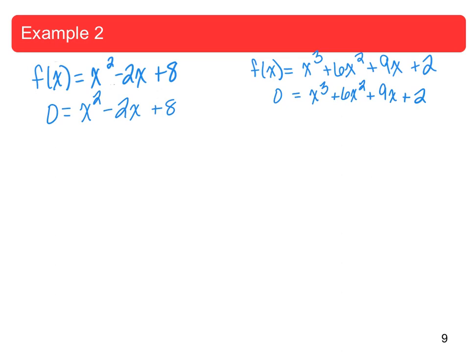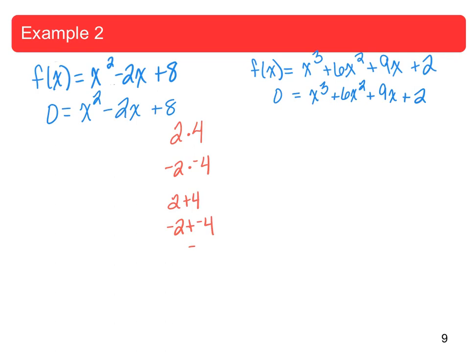Students want to be able to say that the product is 8, and so I should be able to use 2 times 4, okay? And 2 times 4 does give you positive 8, as does negative 2 and negative 4, if I multiply those together. The problem is, when I add 2 and 4 together, I get 6, and when I add negative 2 and negative 4 together, I get negative 6, okay?